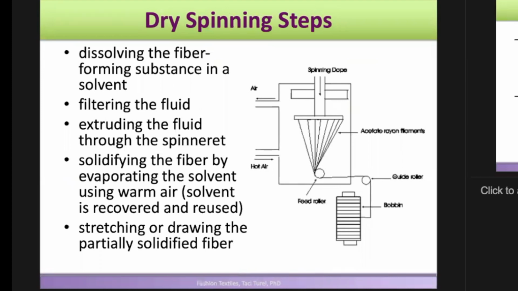Now, when we are creating these fibers, you see that we have multiple fibers coming out of one spinneret, and all of these are put together to make one yarn. So this will be one yarn with multiple filaments in it.